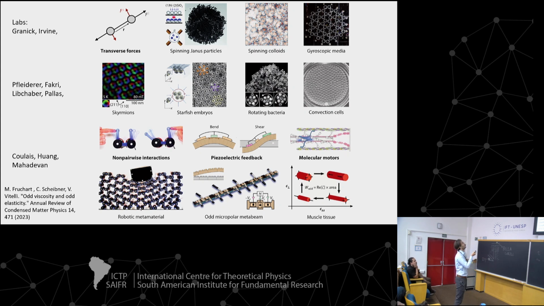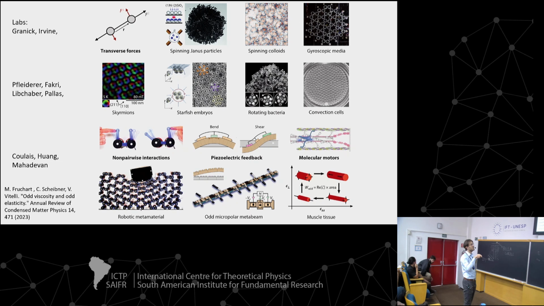Well, in terms of crystals that form out of these rotating particles, you have lots and lots of examples, maybe even more so than for the chiral active fluid examples. I already mentioned starfish embryos, the robotic case here.